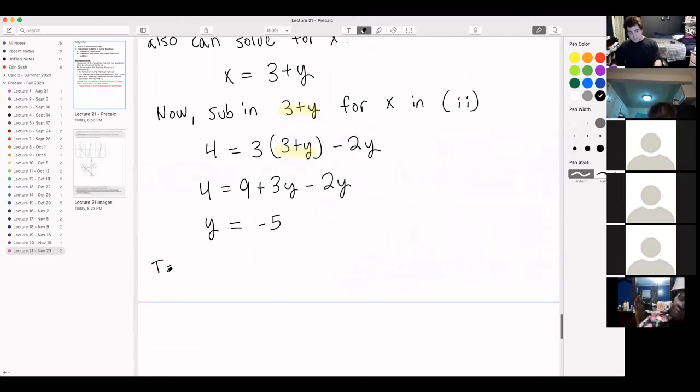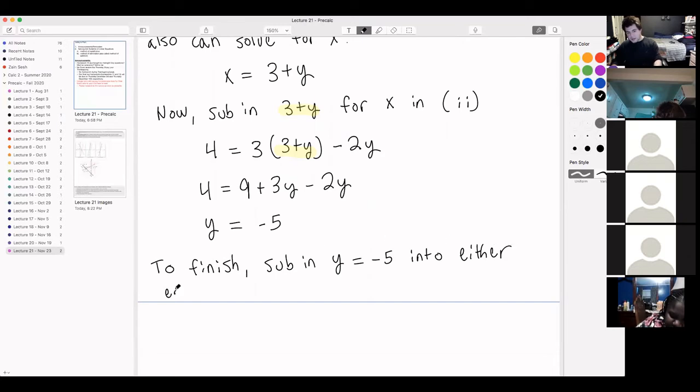Now to finish, you sub in y equals negative 5 into either equation, and solve for x.